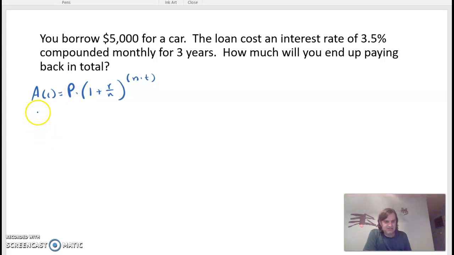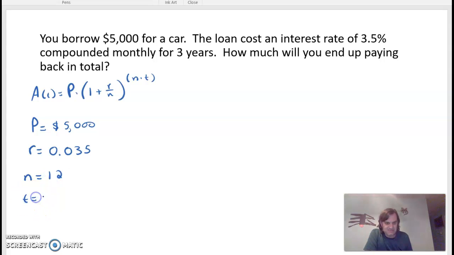Okay. So identify the parts. P, the starting amount that you're going to borrow, is $5,000. r, the interest rate, is 3.5%. We move that decimal 2 places, 0.035. The n, number of periods per year, it says monthly, so that will be 12.